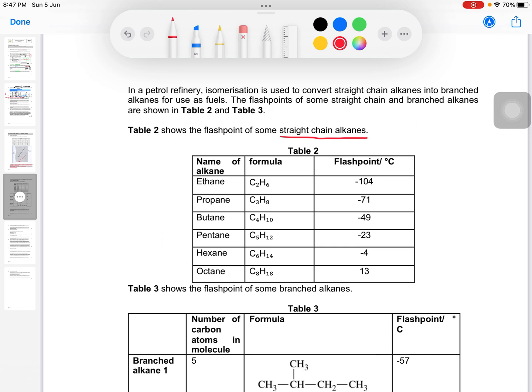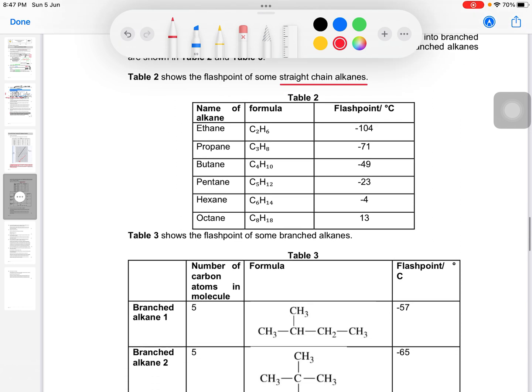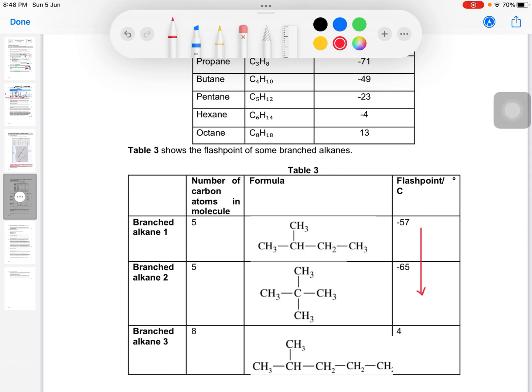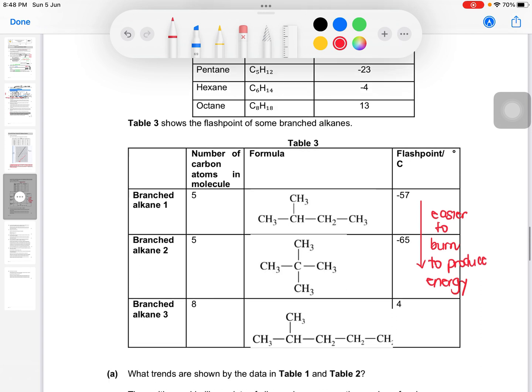Straight chain alkanes will have a higher flash point. If you look here, the moment you have a branch, the flash point decreases. When the flash point decreases, it means that it is easier to burn this petrol, to produce energy, because of the lower flash point.